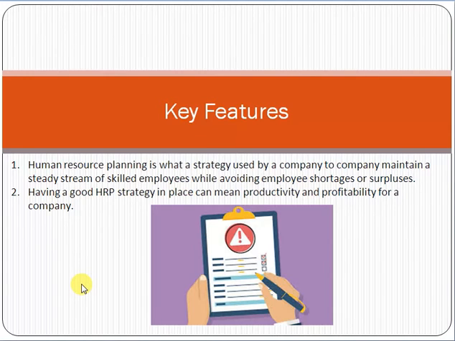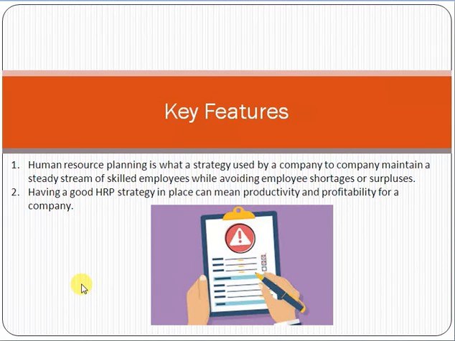This is also very important: having a good human resource plan strategy in place can mean productivity and profitability for a company. Because if you know from the human resource plan that your resources are not 100% utilized, you can start more projects, or if your resources are already 100% engaged, you know that you cannot start any further projects.